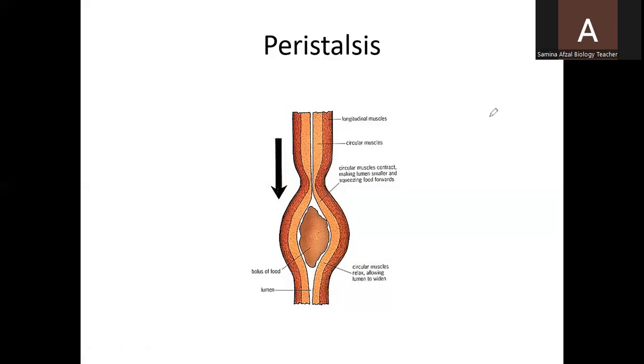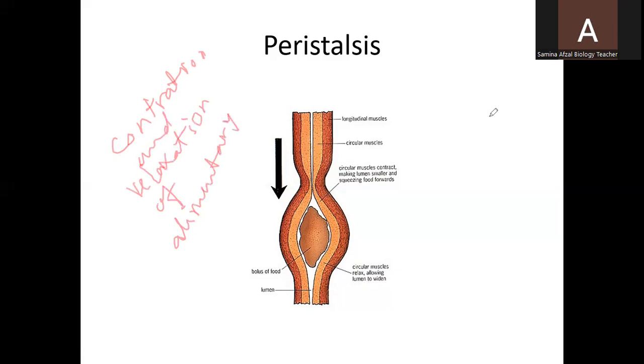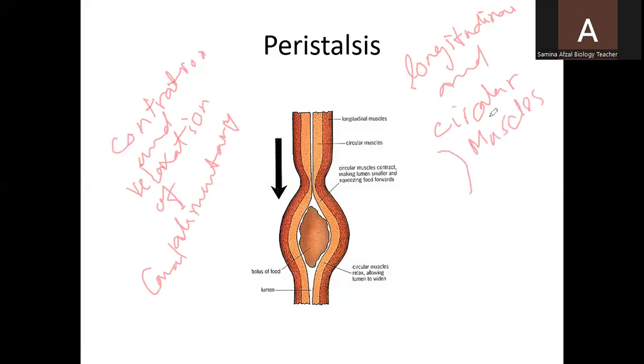Peristalsis is actually the rhythmic contraction and relaxation of the alimentary canal, in which two types of muscles, longitudinal and circular muscles, help in the movement of food particles through the esophagus and other parts of the alimentary canal.